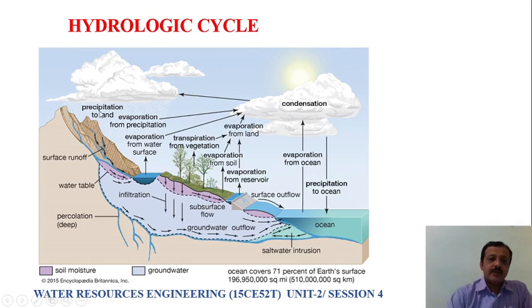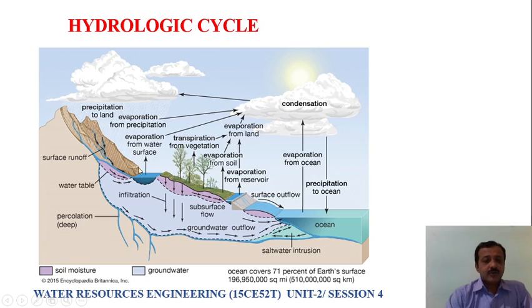This precipitated water flows over the land, and some part of it infiltrates into the earth's surface and contributes to the groundwater. The remaining part gets stored in impoundments like lakes.